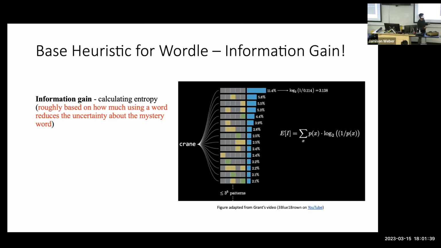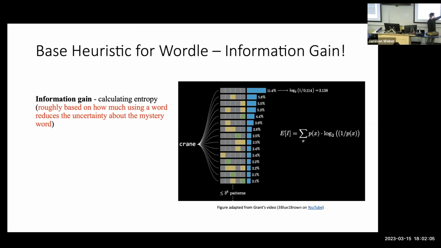Given a guess word, for example the word crane, and these different observations, you could have 3 possibilities at each of the 5 letters, gray, yellow, or green, which is why about 3 to the 5 observation patterns are possible in total. Given crane, any of these 3 to the power 5 possibilities would lead to a certain set of mystery words, and I know how many mystery words would fall into that.